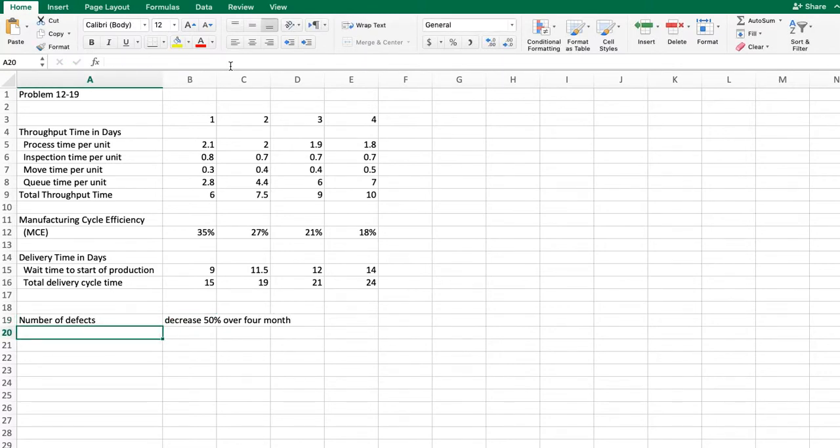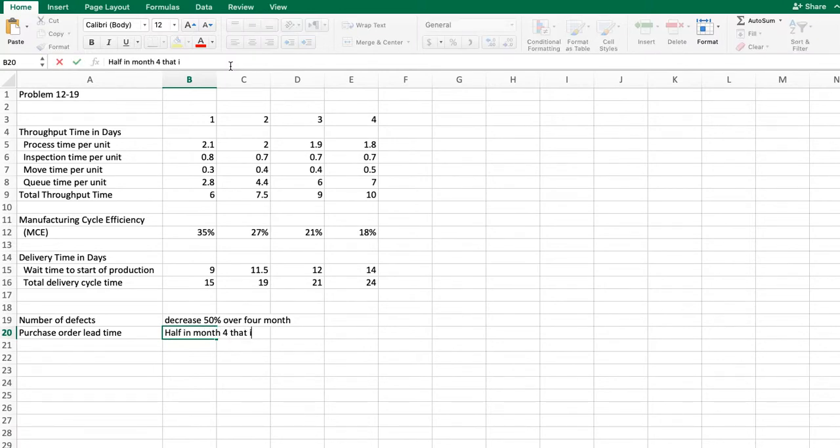Another thing I see is that my purchase order lead time is half in month 4 of what it was in month 1. So I see some improvement there.